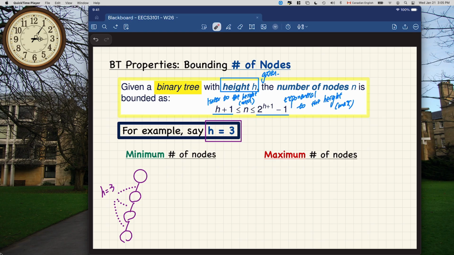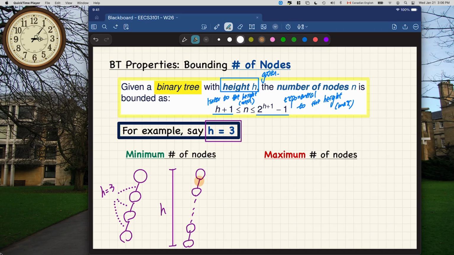All right, so in general, you can think about this. Let's say we got a root, and we got all the way to some node right here. If I tell you that h is the height, that means when I calculate the number of edges from the root all the way to that particular deepest node, I can count h edges.